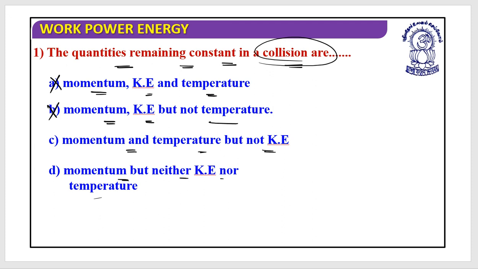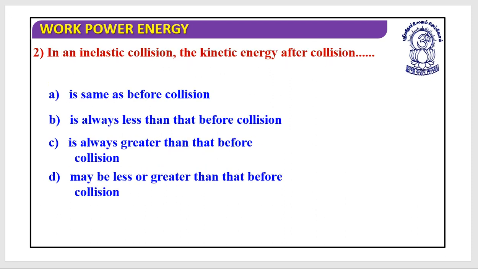We are not sure for this, that temperature is not going to change, because it is possible that at the time of colliding, the temperature may change. So this could be the most suitable answer: momentum, but neither kinetic energy nor temperature. I hope this is clear. Is it clear? Great.